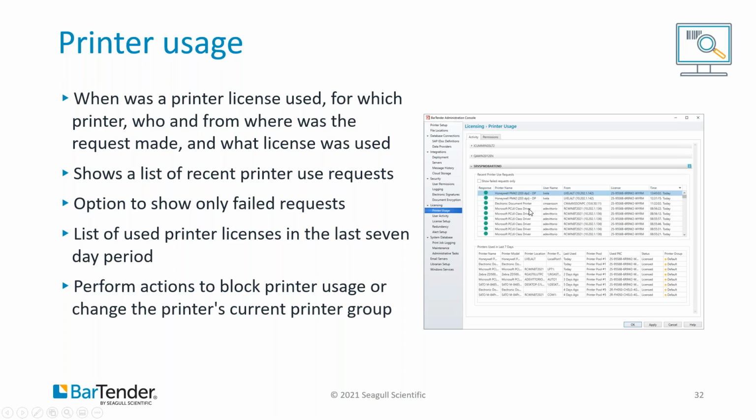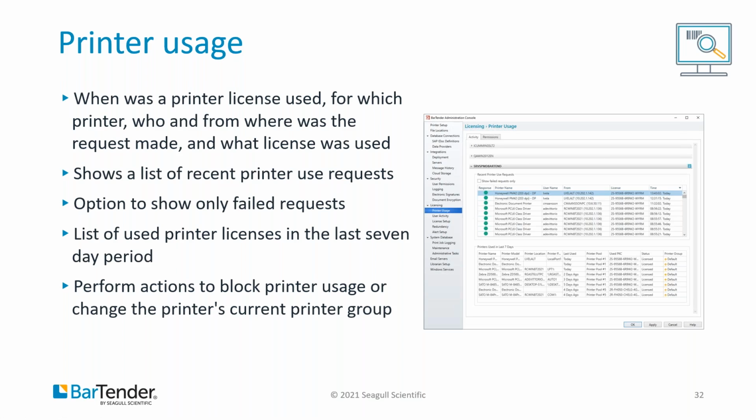Now we can actually right-click on some of these items to perform an action, such as to block printer usage. So if a user sees the Microsoft Fax printer coming up in the list, for example, they can say, oops, don't want that to happen. They can right-click and choose to block the use of that printer.